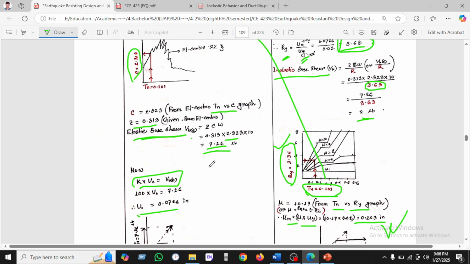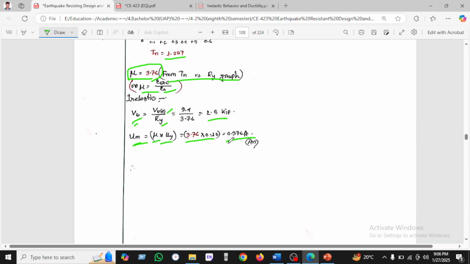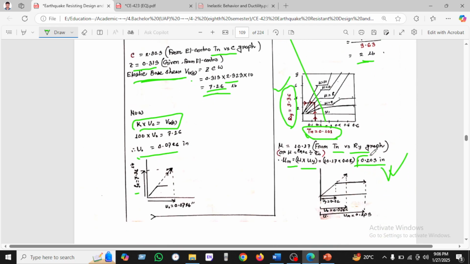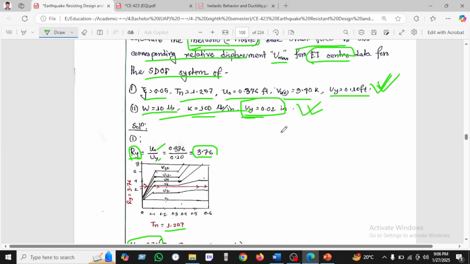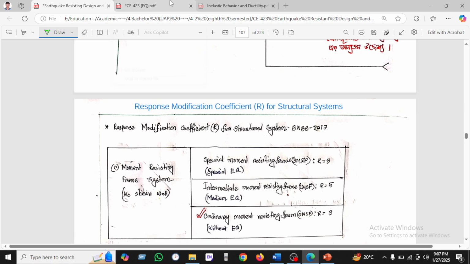Okay, this will be another result. In the first result we found the displacement here 0.376, and we found 0.203. So these are less than the previous results. Now we can see the response reduction factor.